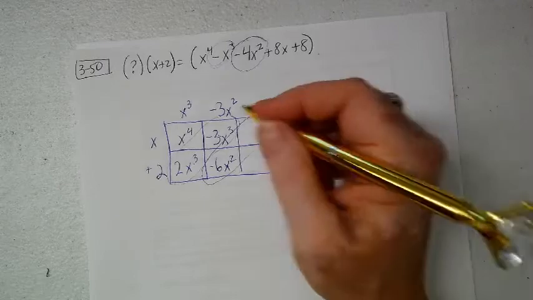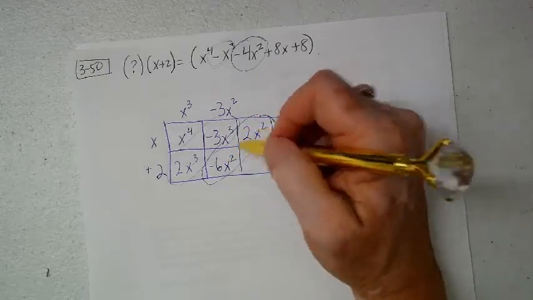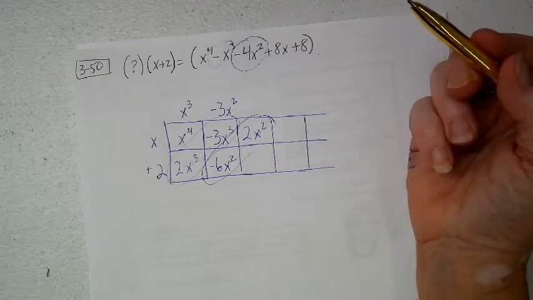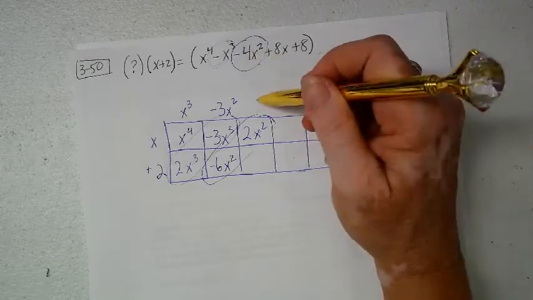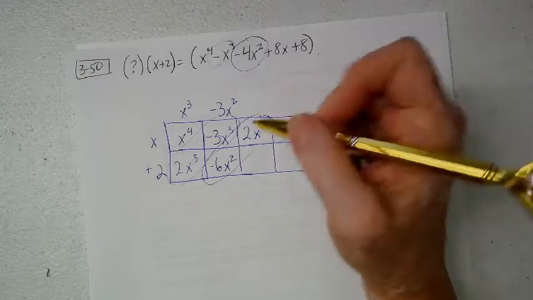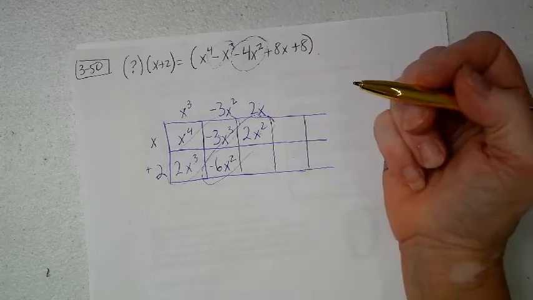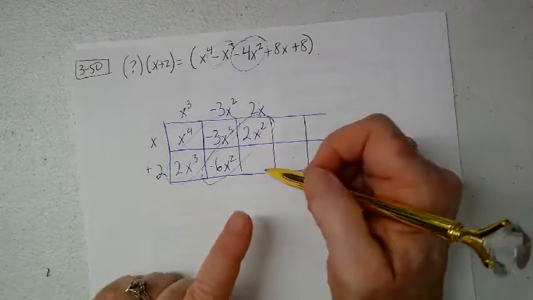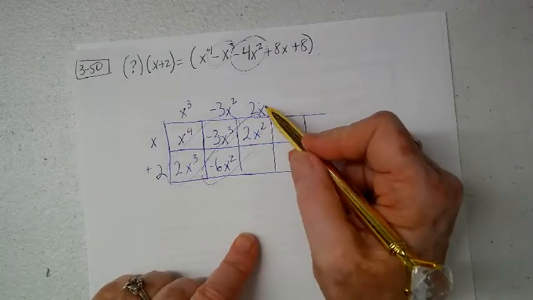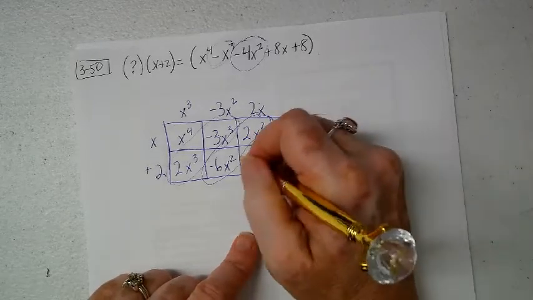If I put a 2x squared in there, then my diagonal matches up here. And then I can figure out what goes up here, because x times 2x makes 2x squared. That gives me the answer to this box, because 2 times 2x is 4x. Get the idea? And then we just keep on going along.